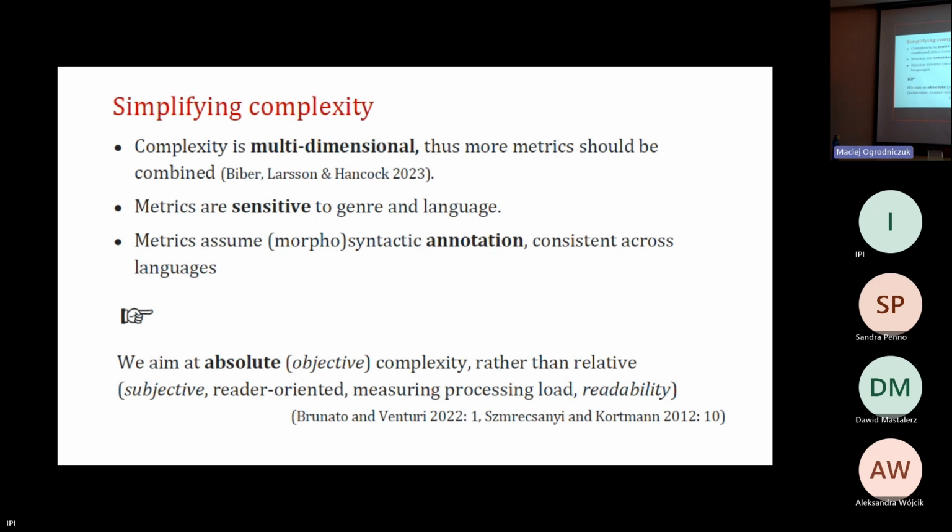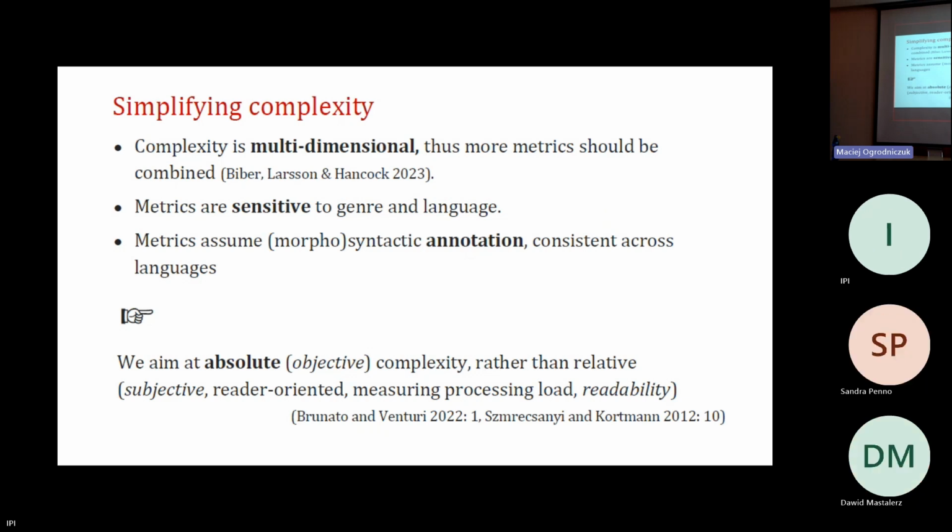But you have to handle it somehow, so you have to simplify complexity. Of course, you can see it from multiple angles, not just what I've just said. It is multidimensional. These people have said it before. They are sensitive to genre and language, so that's important for us, and we actually use that fact.